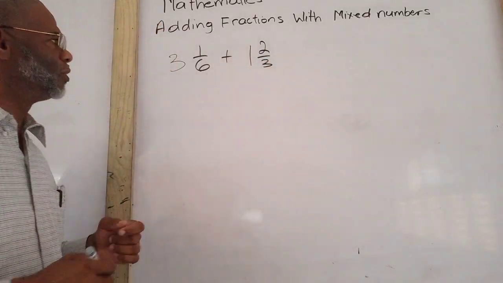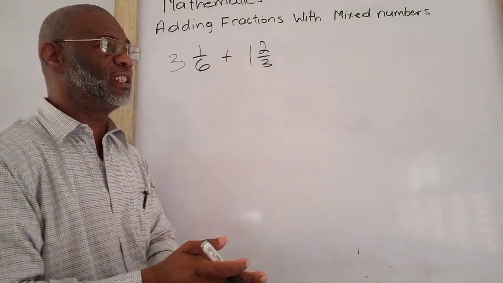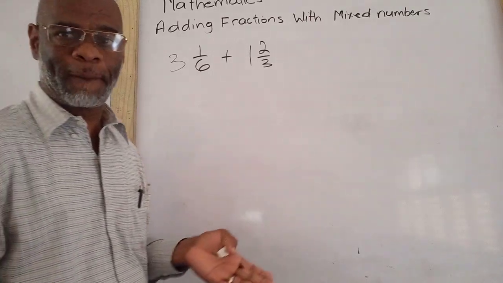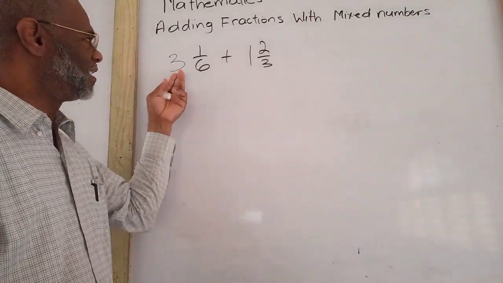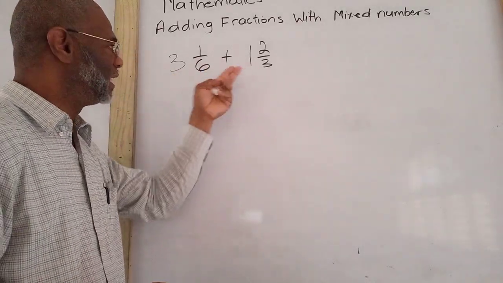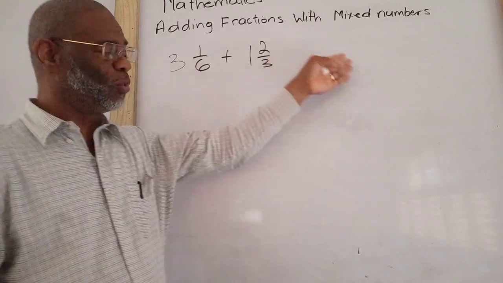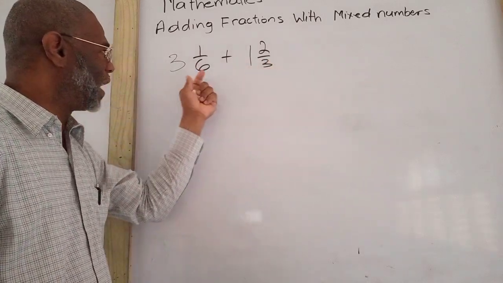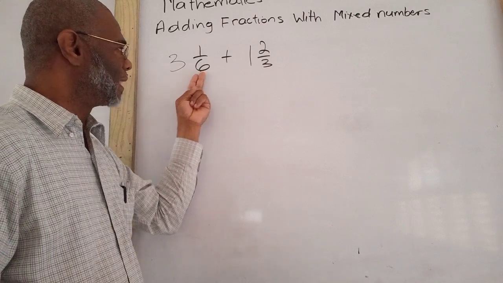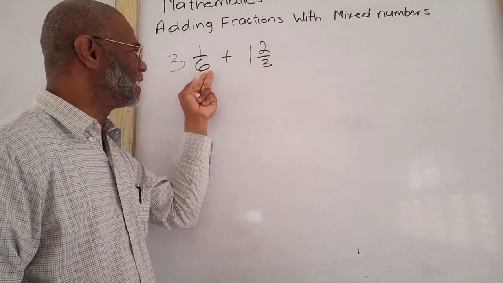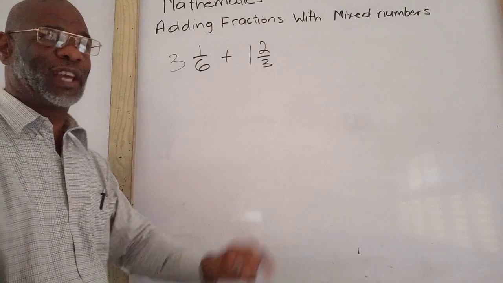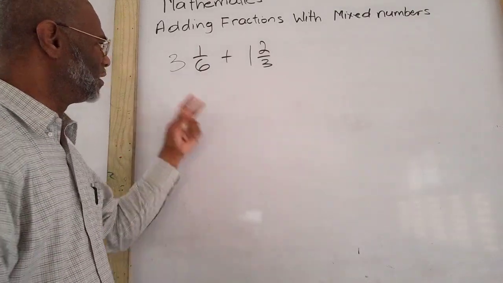Okay? Now, we go the same route again. What some persons do, they add the whole numbers. Right? So you can add the whole numbers, get that out of the way, and then you go ahead and find the LCM of 6 and 3. Now we can do that if you wish, but let's do this.